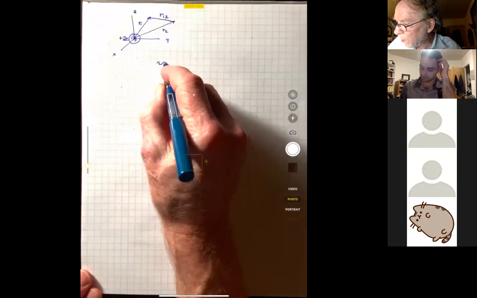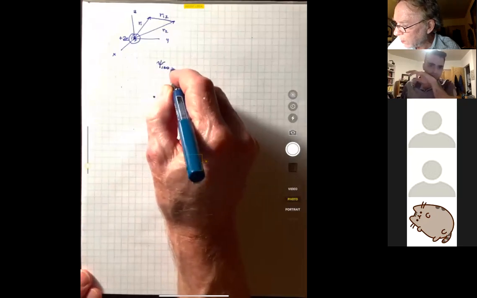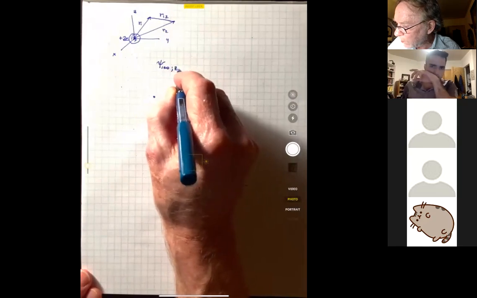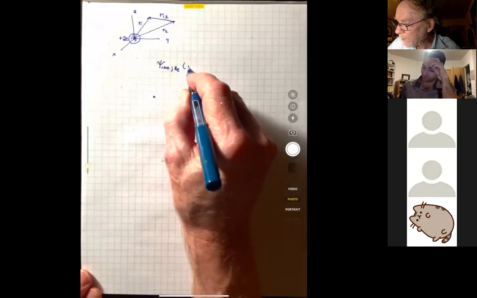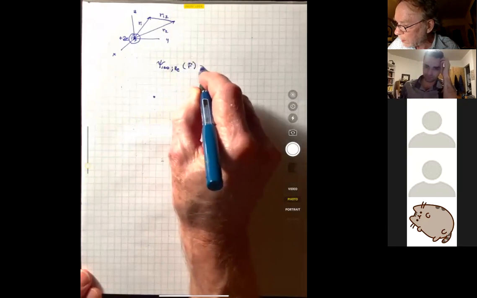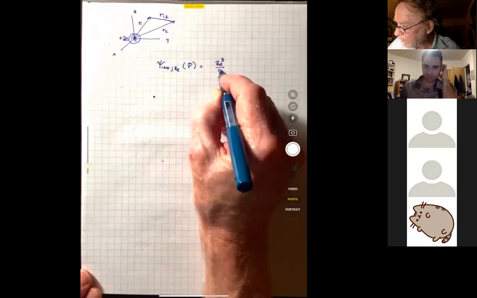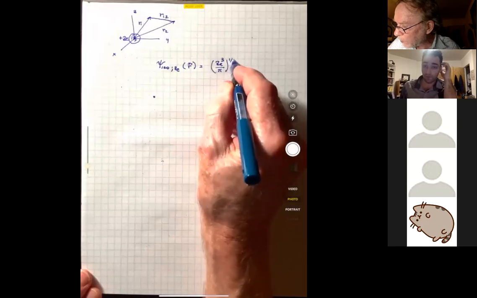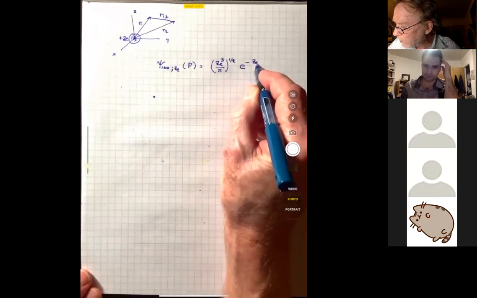If I write the single particle wave function for the ground state of a hydrogen-like atom, 100, and I'll write it as semicolon Z_E, where Z_E stands for an effective nuclear charge, as a function of position, let's call it r. That's given by (Z_E cubed over pi) to the 1/2 power, which is just the normalization, of course. Then it's e to the minus Z_E times the radius r.